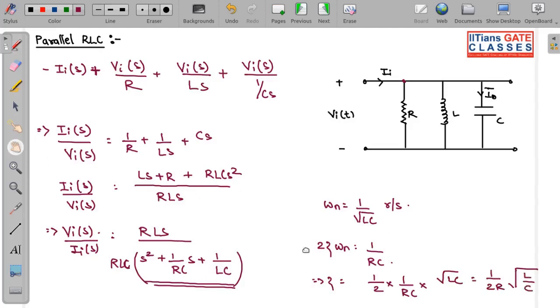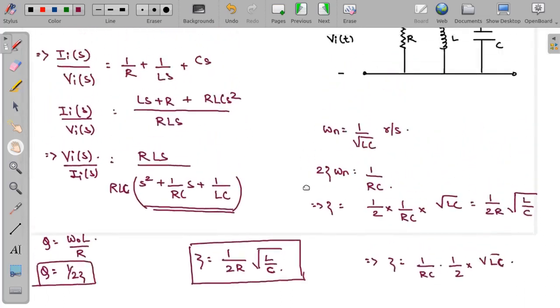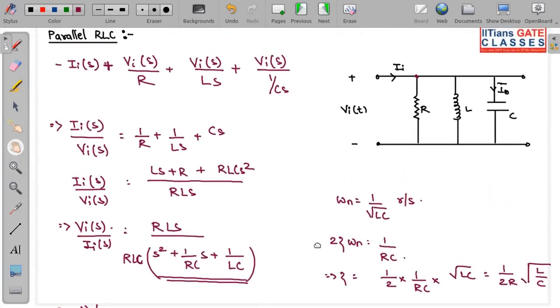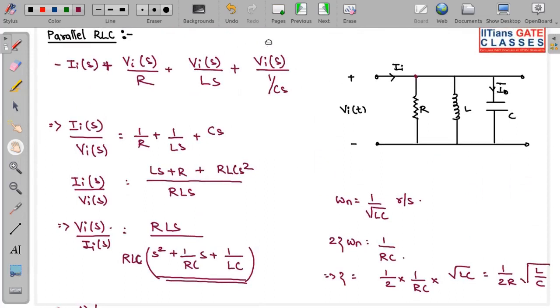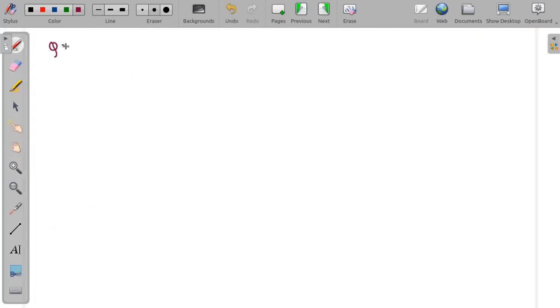Similarly, let us calculate the quality factor. Let us do it on the next page. So the quality factor is, it is still omega naught L by R or 1 by omega naught RC.